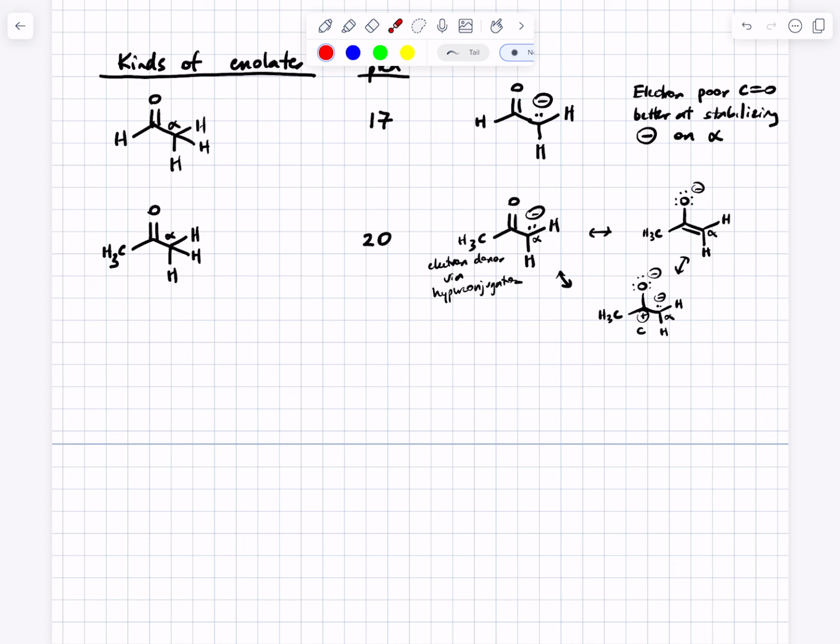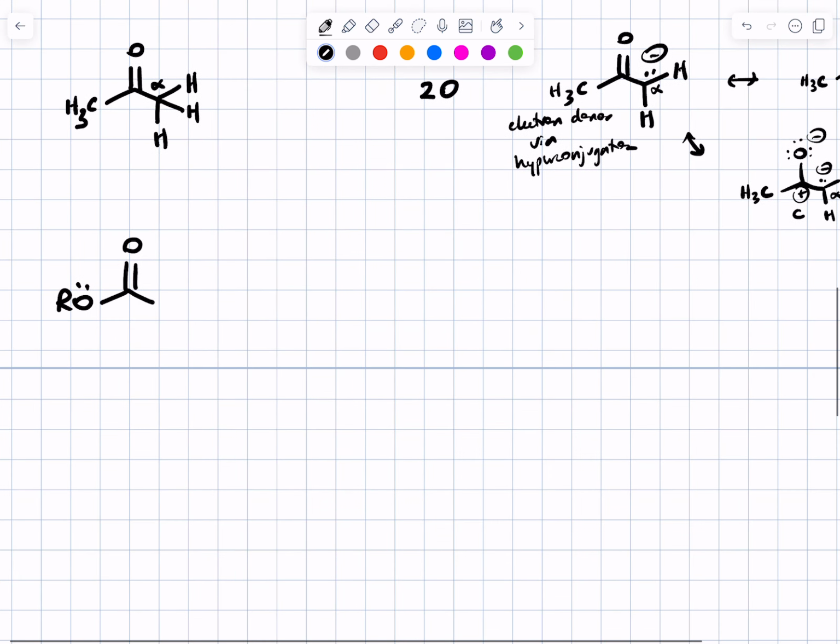We can draw that for the ester. It looks like this, and lone pairs on that adjacent oxygen actually donate electron density by resonance into the carbonyl carbon. That should make the carbonyl carbon less electrophilic, and indeed the ester's pKa is 100,000 times less acidic.